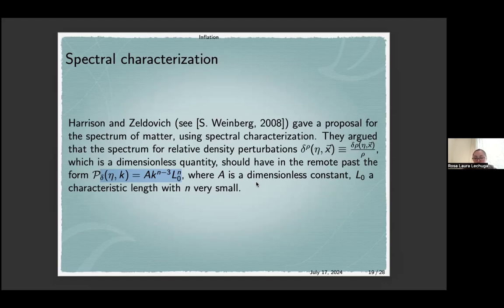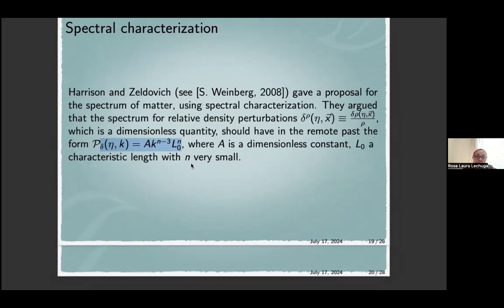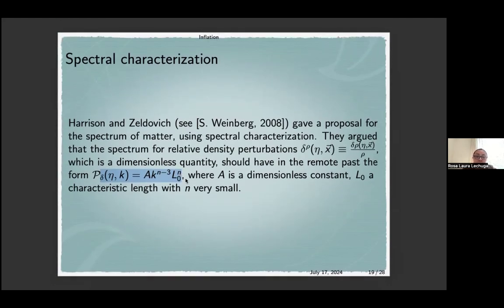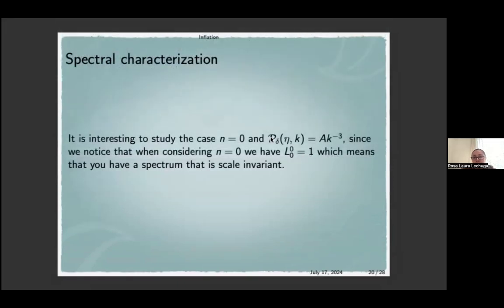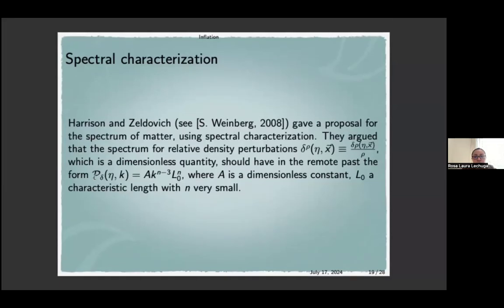In that case, they tried to figure out a spectrum, a scale invariant spectrum. And one way to represent that invariance is using this n equal to 0. When they considered n equal to 0, they got the form that I presented here. This is the power spectrum for the cosmological structure, and we are interested in this particular case for this spectrum.